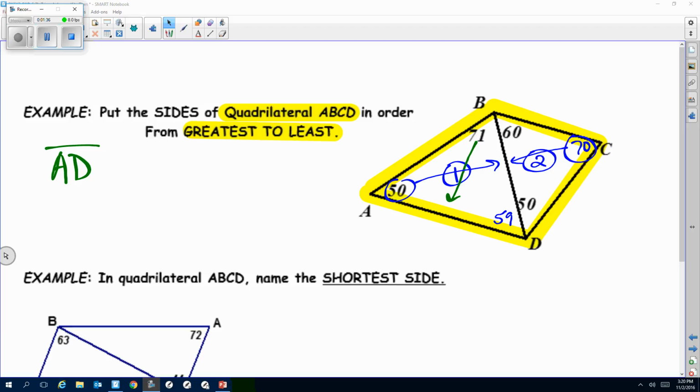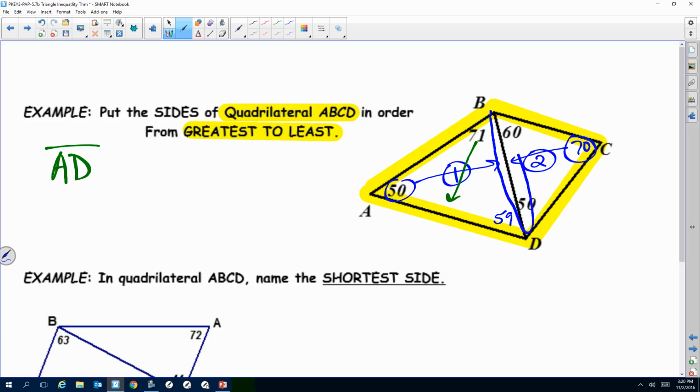All right, so since we see this, yes, contradiction right here. So always understand, this diagonal, put an X through it. We can never use that in identifying a relationship with the quadrilateral. First of all, it's not a side, it's inside. It's not a part of the exterior, it's part of the interior.